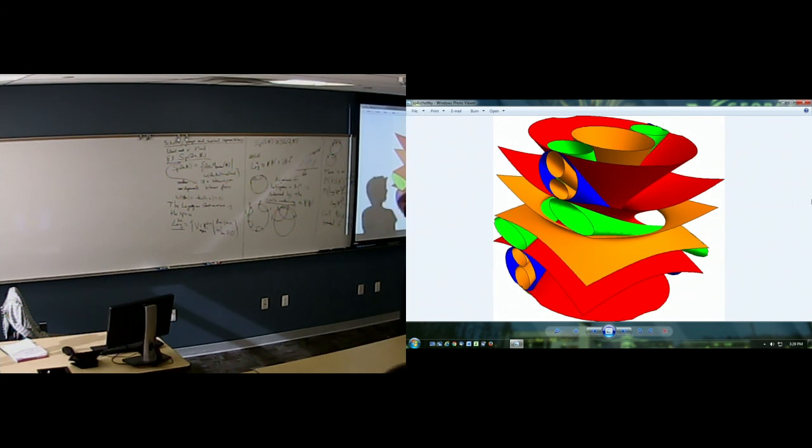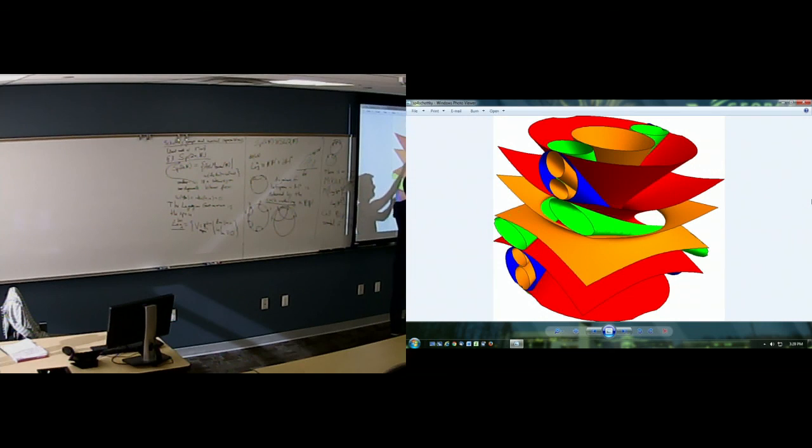The biggest hyperboloids, the defining ones, are the red ones. There's an element of Sp(4,R) sending the big red hyperboloid to the slightly smaller red hyperboloid, and another one sending this blue hyperboloid to this blue hyperboloid. When you apply those and their inverses to the hyperboloids, you get the orange and the green.